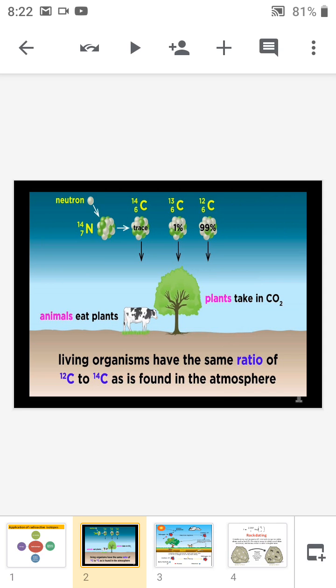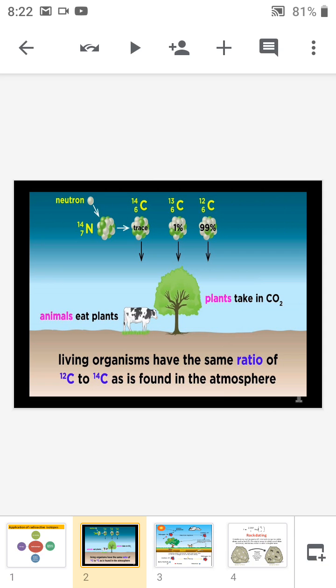When this plant is eaten by an animal, this radioactive isotope enters the animal body, and during respiration it is again released into the atmosphere.